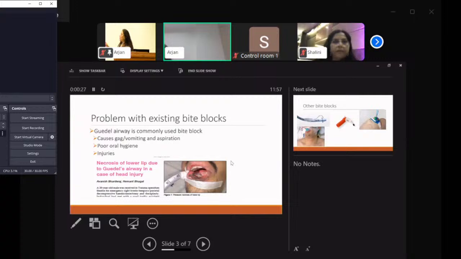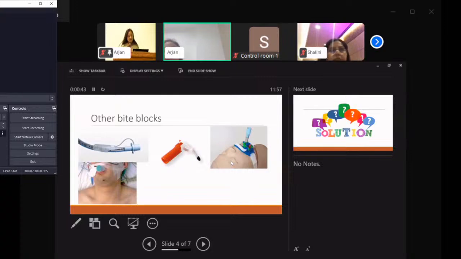And this is what usually happens: if we are keeping the tube for 2 to 3 days, patients might bite the tube, and patients might also have secretions collected in the oropharynx. For that, there are options which give us either the bite block or the suction catheter, but we need the bite block as well as the suction in the same tube.